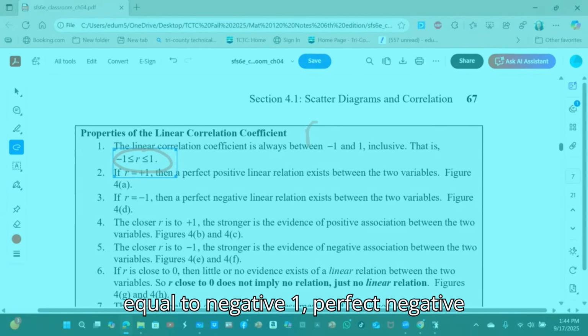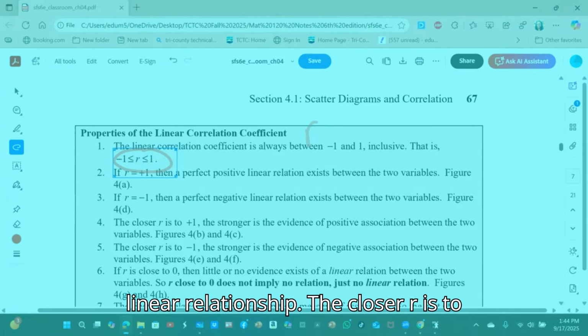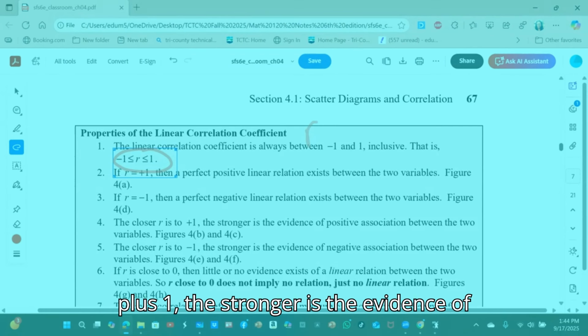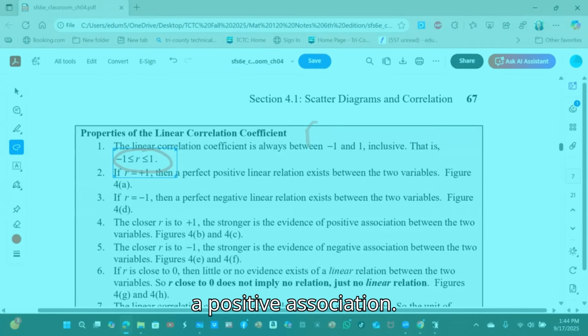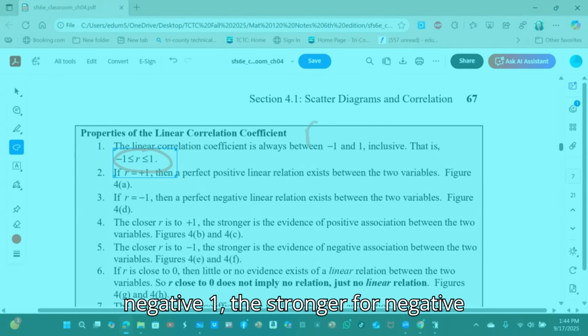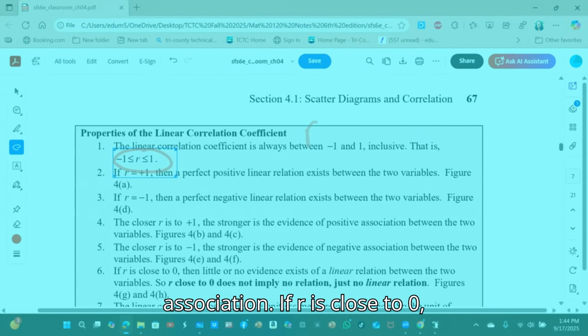If R is equal to -1, perfect negative linear relationship. The closer R is to +1, the stronger is the evidence of positive association. Number 5, the closer R is to -1, the stronger the negative association. If R is close to 0, no linear relationship.